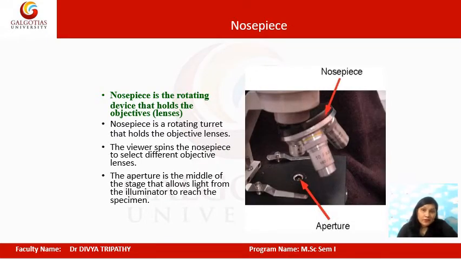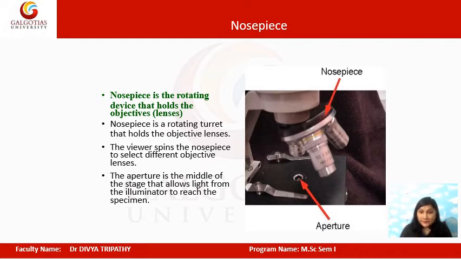The nose piece on the compound microscope is one of the most important parts. It is a rotating device that holds the objective lenses. As I have already told you, on the compound microscope there may be 3 to 4 objective lenses with different magnification power.